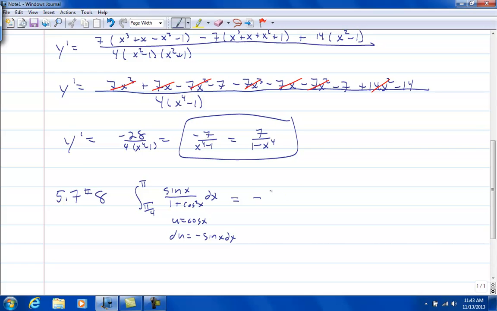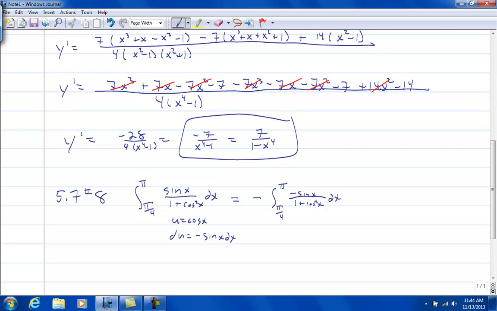That's going to be negative integral from pi over 4 to pi of negative sine x, see, negative of negative sine x makes it sine x, over 1 plus cosine squared x dx.